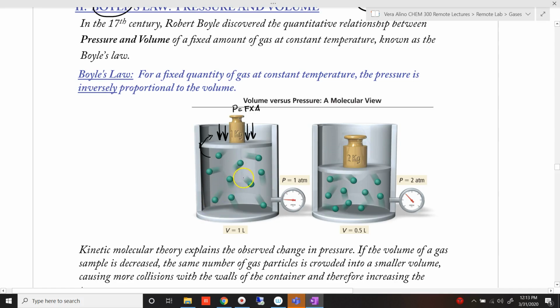Then what he did is he increased the pressure and he observed what will happen to the volume of the cylinder. He noticed that when he increased the pressure to 2 kilos, which is twice the original pressure of 1 kilogram of weight, the volume decreased from 1 liter to half its original volume.